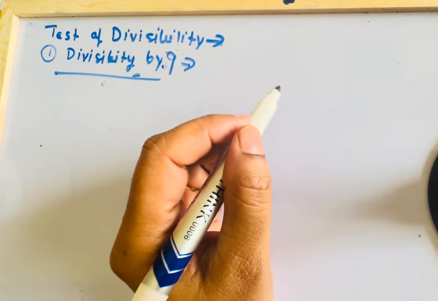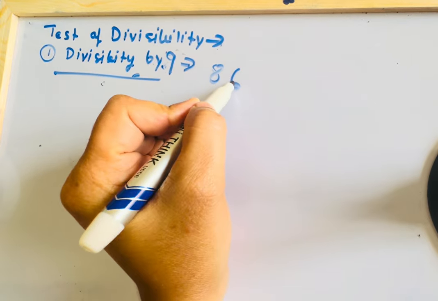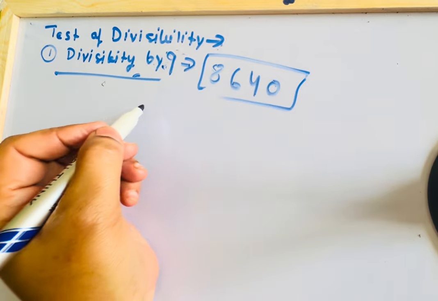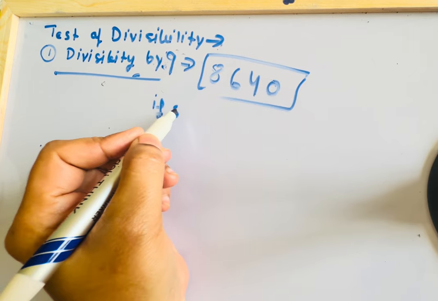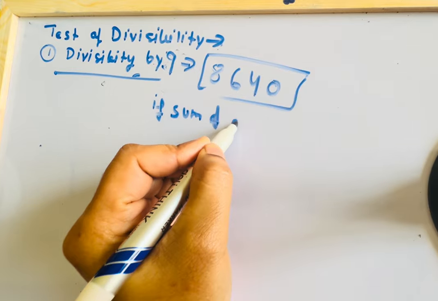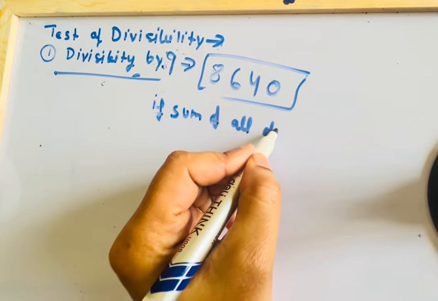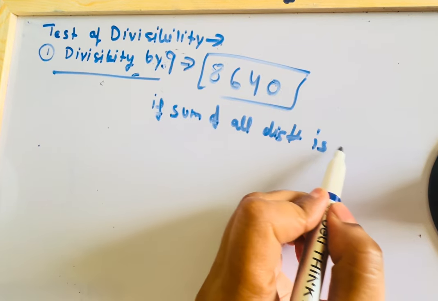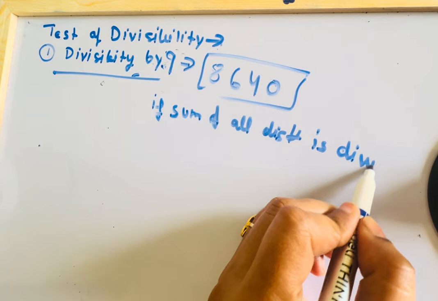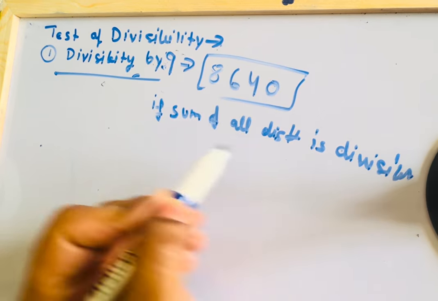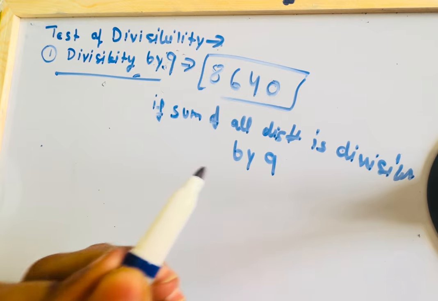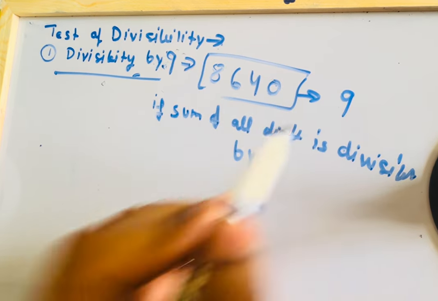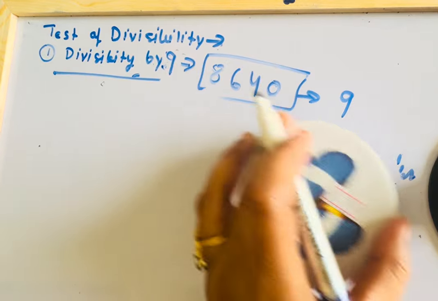For example, see, if the sum of all digits is divisible by 9, it means that number is divisible by 9.